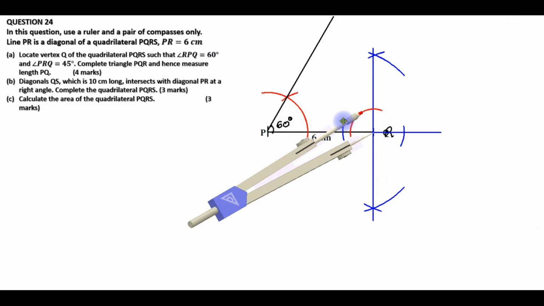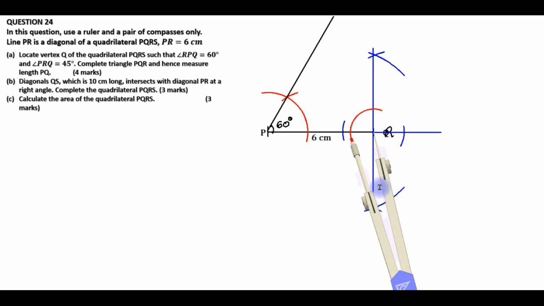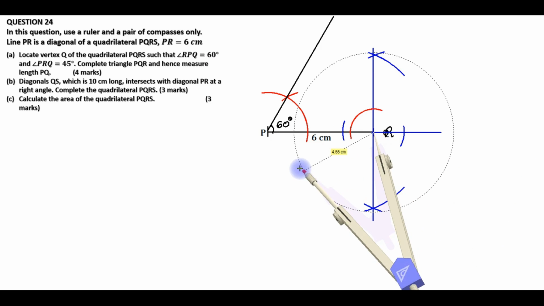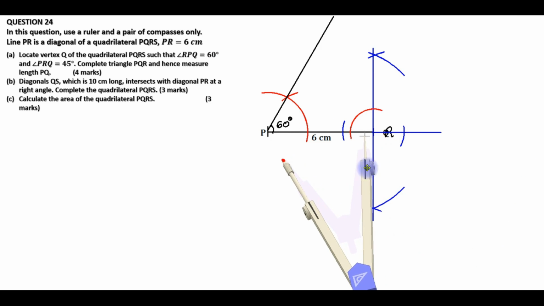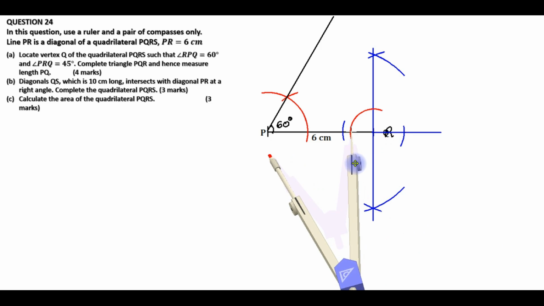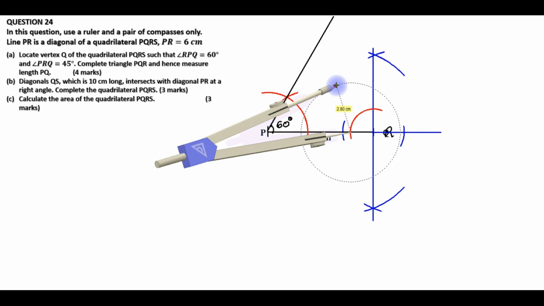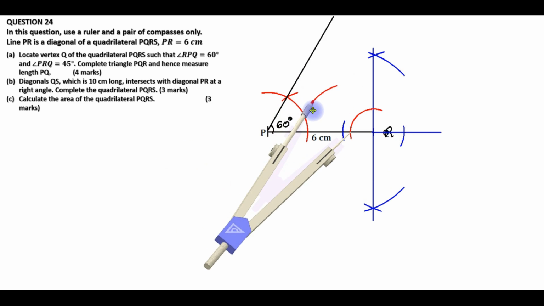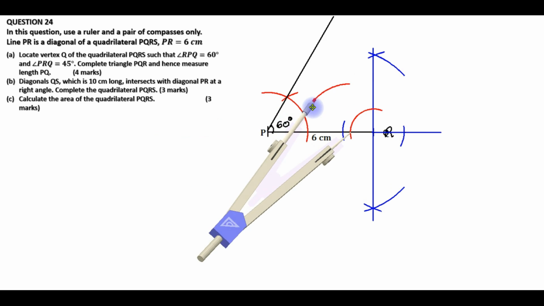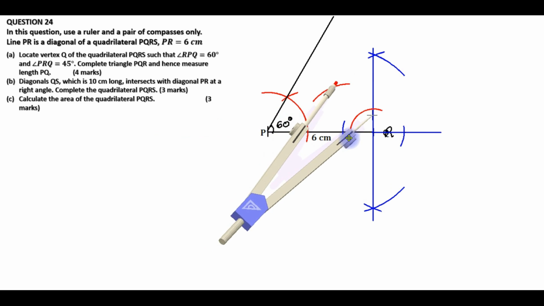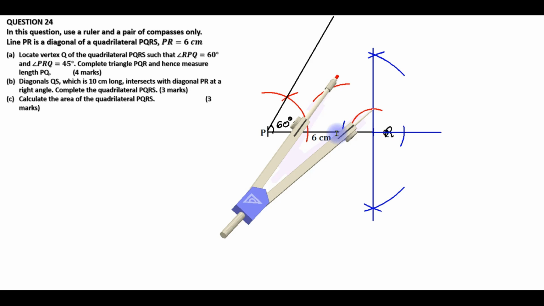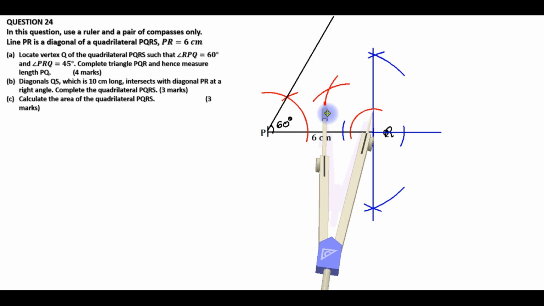First I put those two marks there, and then I adjust the radius and use the arc that I have made on line PR and the perpendicular. So just adjust it. I make an arc there, and also I use the other side as this center, the radius. I put an arc there.